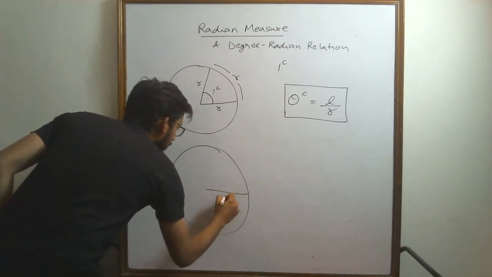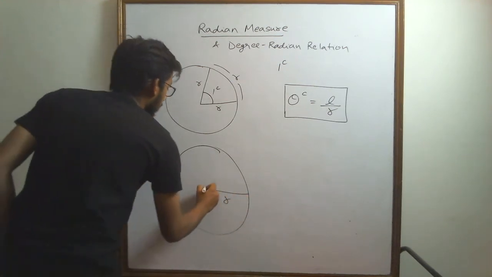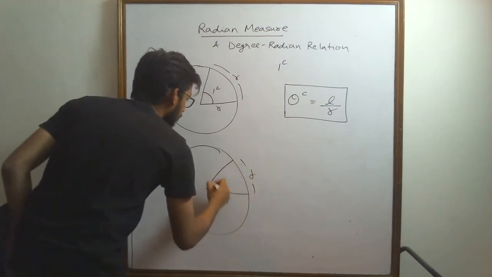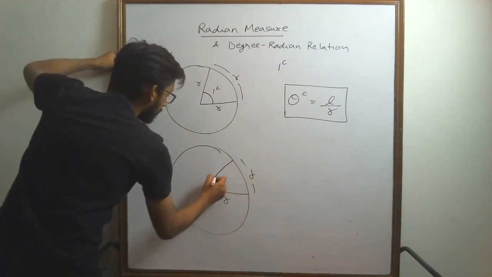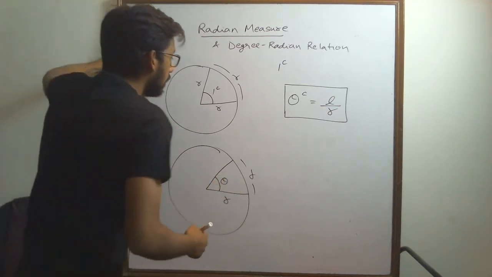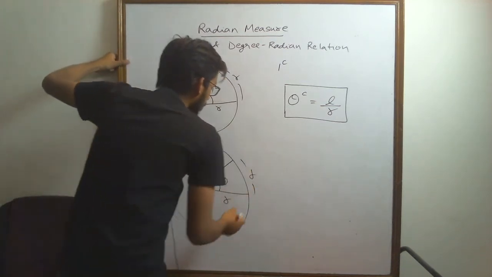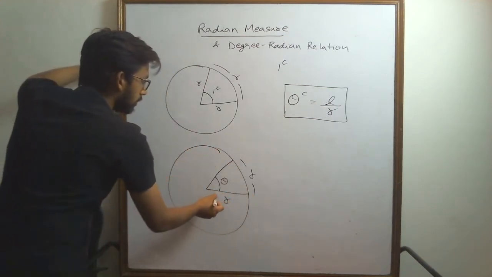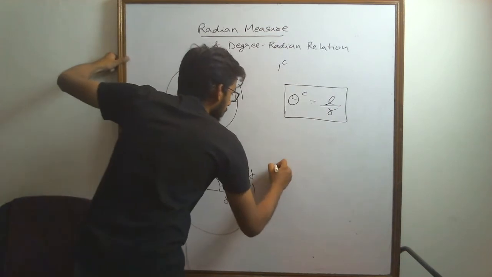So let's say this is a circle of radius R and this is also R. Okay, what is the angle being made here? Let's see in degrees. Now we know that the angle subtended by the circumference at the center in degrees is 360 degrees.